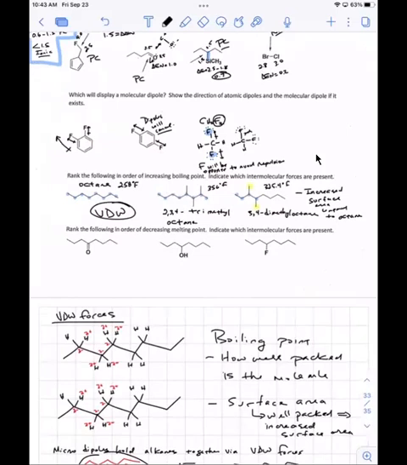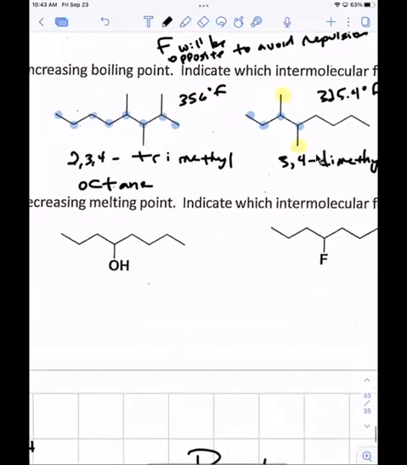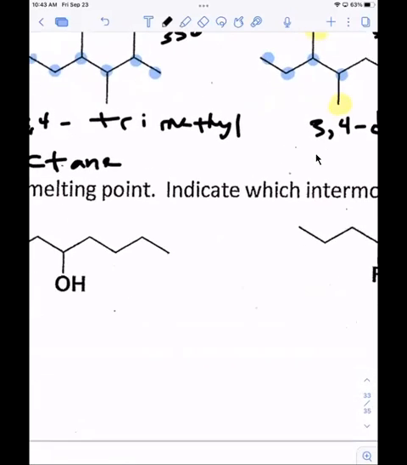Anytime you increase the surface area with those van der Waals interactions, that's what the strength of those interactions is based on: how well the molecule packs and where the touch points are. So the increase in boiling point is probably due to surface area increase.